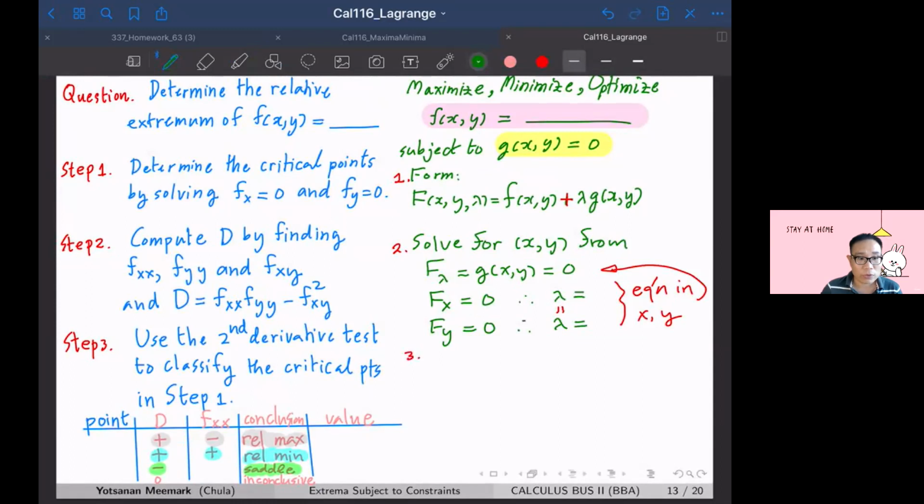Number 3 is going to be, you're gonna compute f(x,y) for every point (x,y) obtained in the second step.